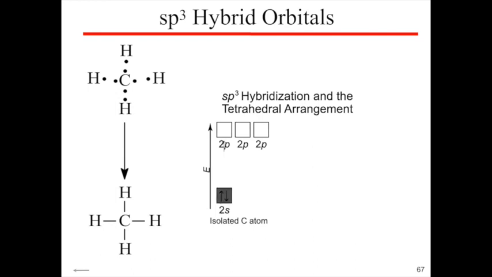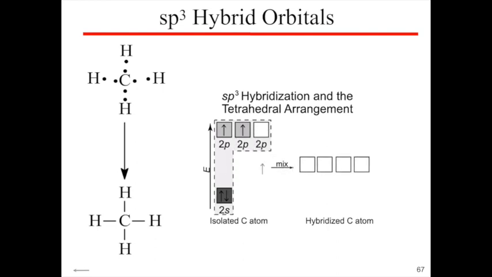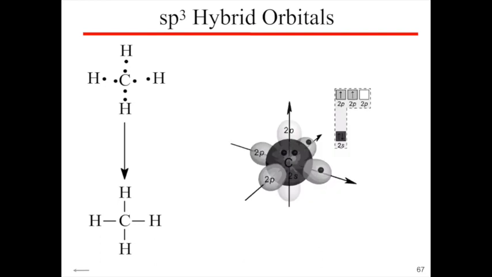It would then have 1 in the p and 2 in the p, with 1 p empty. I'm going to promote and mix or react those orbitals together to create 4 spaces in which bonds can be formed, and that is called sp3 hybridized.